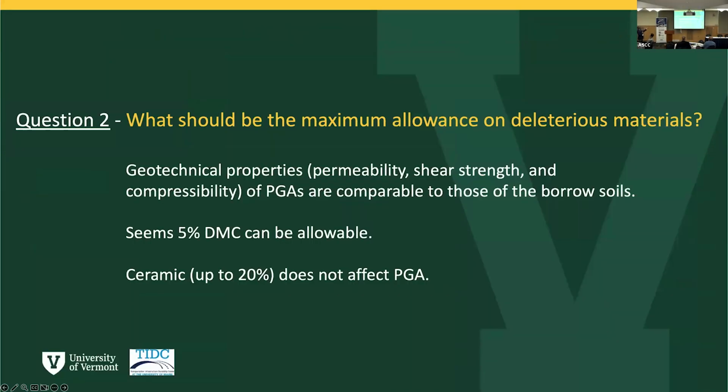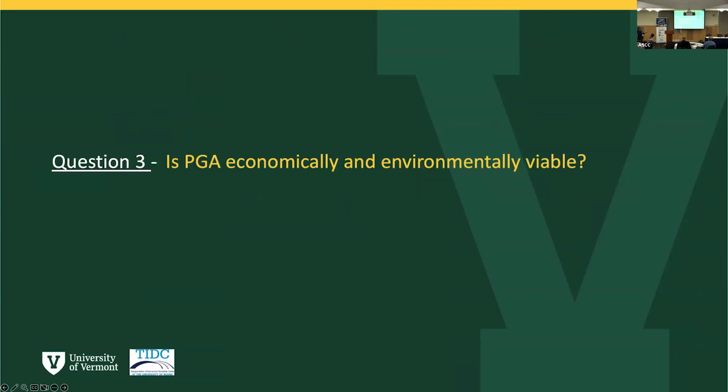And that's what we found, with similar results on compressibility. So even with 5% deleterious material content, we found that the geotechnical properties were acceptable. We also did some testing with 20% China ceramics, and even those properties were acceptable.